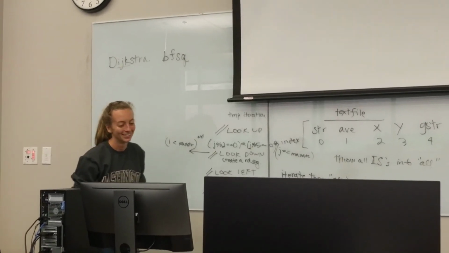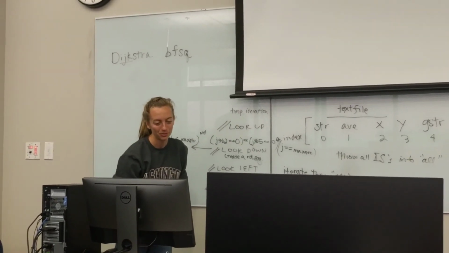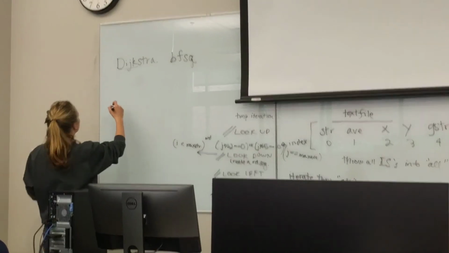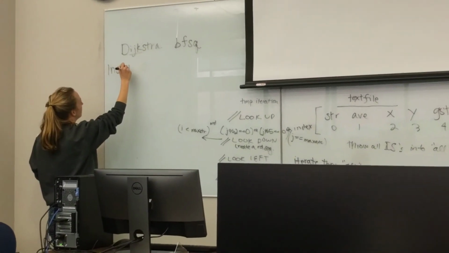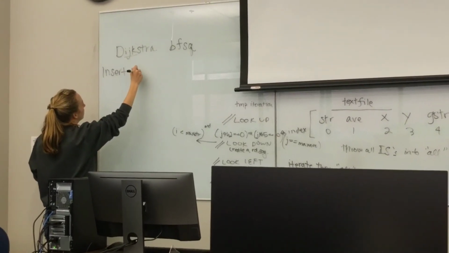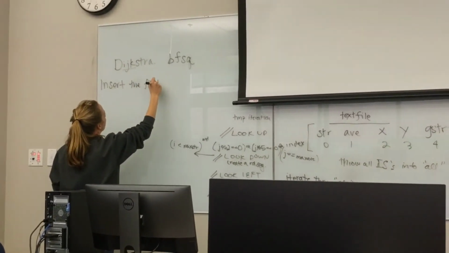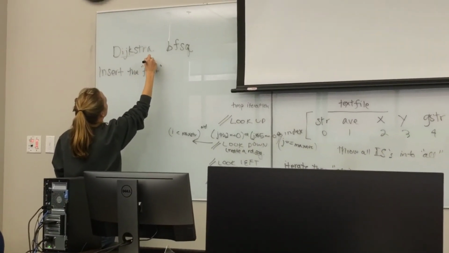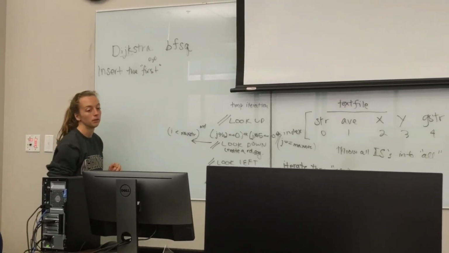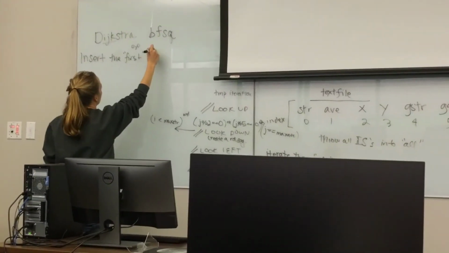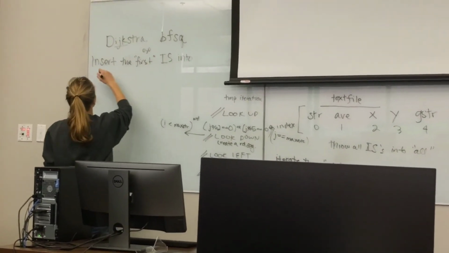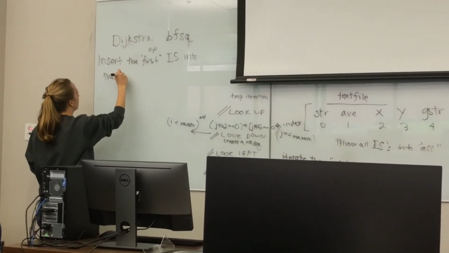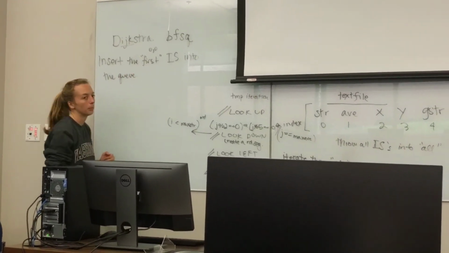Yeah. So first thing that you're going to do in Dijkstra's is get a starting point. So you're going to insert the first, we start at 0, 0, IS for intersection, into the queue to get our breadth first search started.